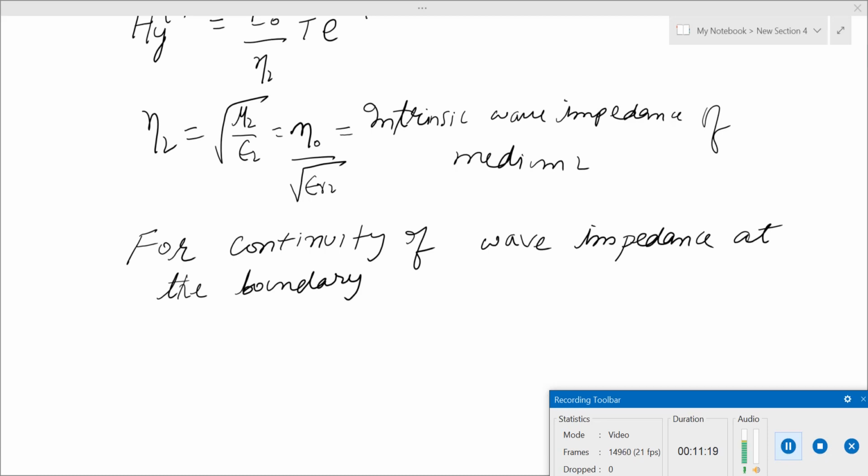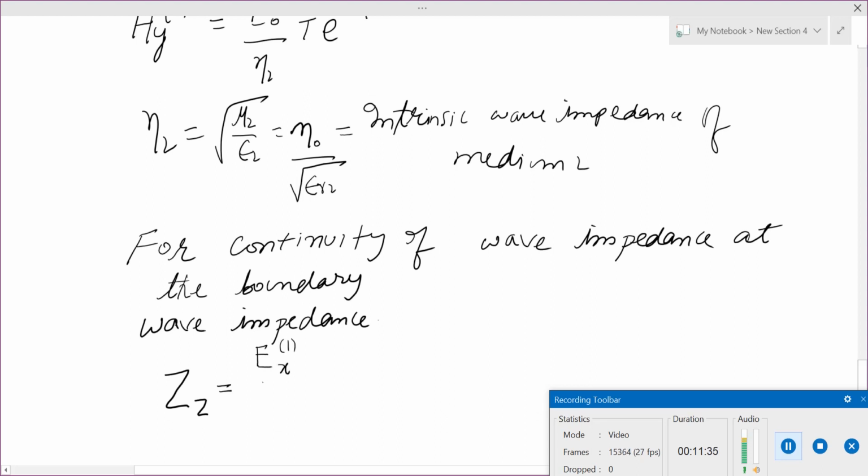So we denote the wave impedance Zz as the ratio of the electric field component in medium 1 divided by the magnetic field component, computed at z equal to 0. So this is the wave impedance at the boundary.